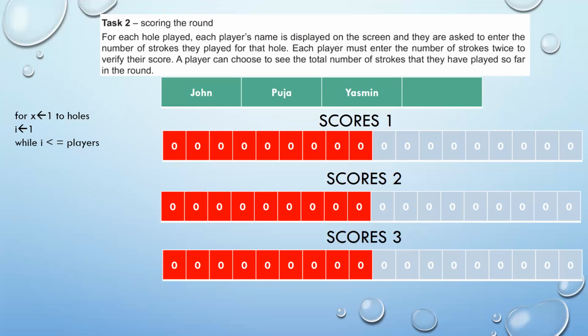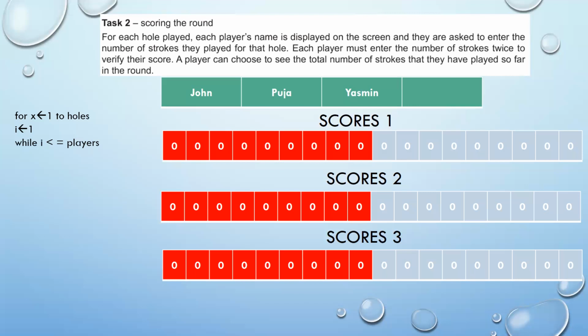Now to do this, we have used a nested loop. There is a for loop and inside that there is a while loop. The while loop will take care of which player detail we are entering, and the outer loop, the for loop, will take care of which hole the score is being entered for.